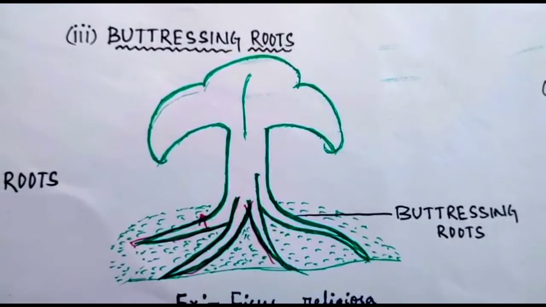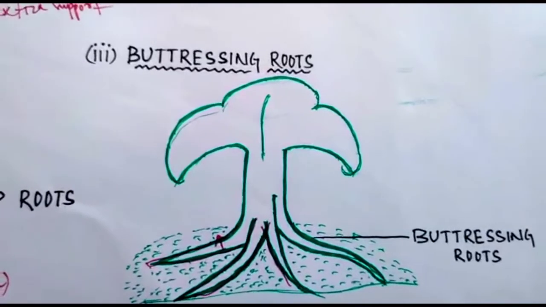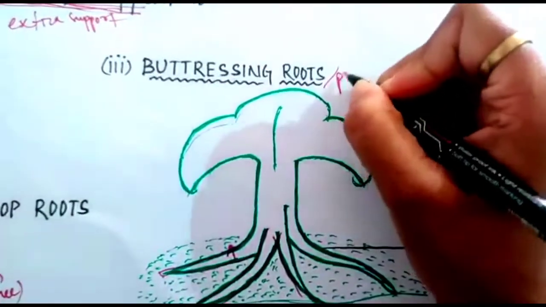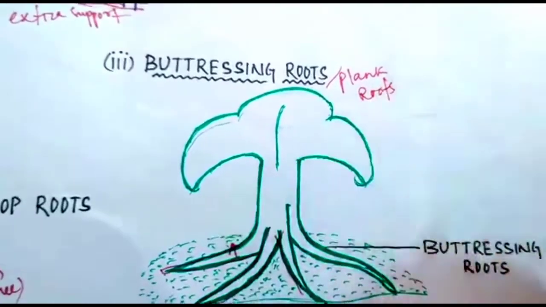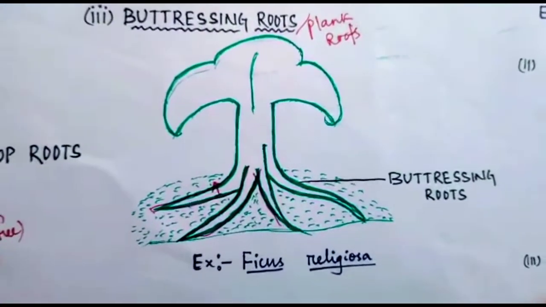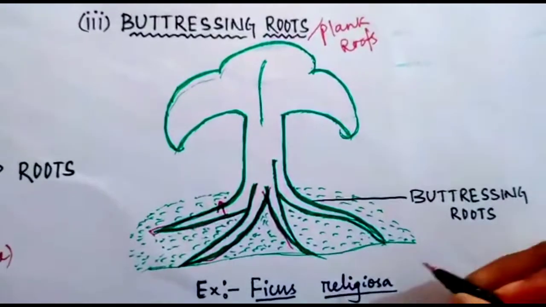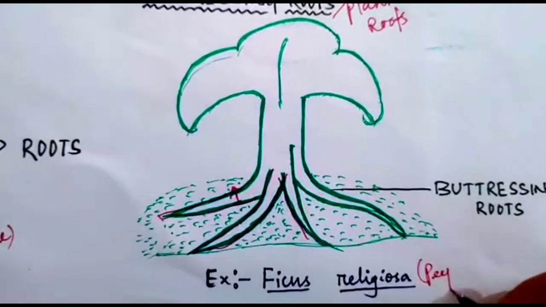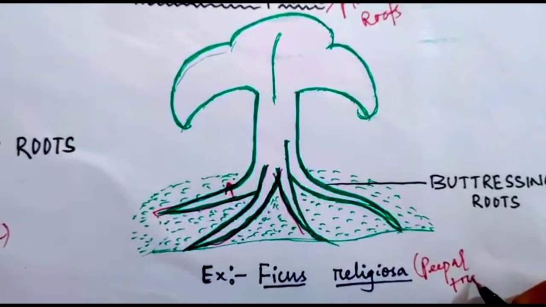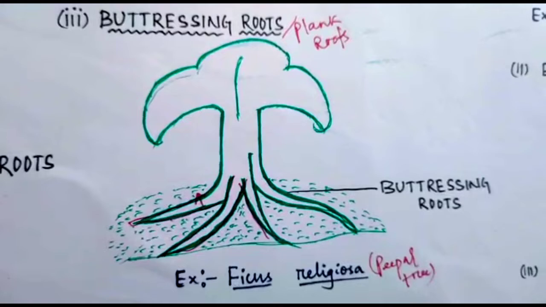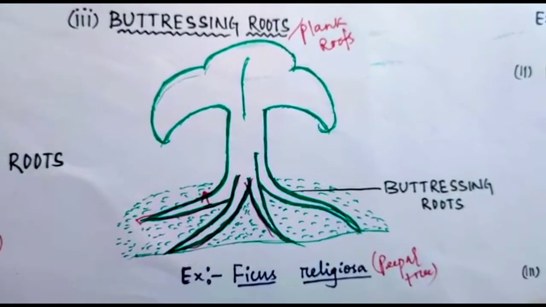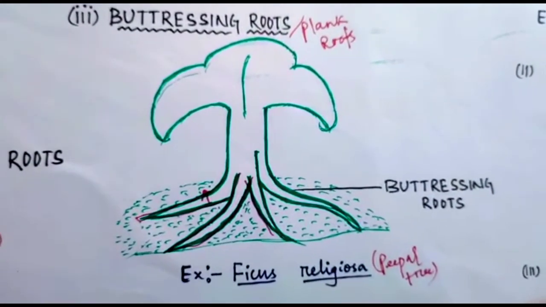So, this type of roots is also known as plank roots. Example is Ficus religiosa, which is known as the peepal tree, and it provides extra support or mechanical support to the plant.